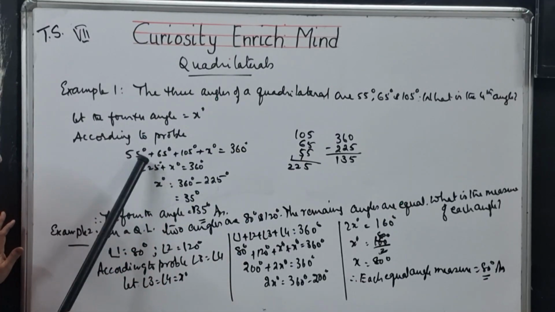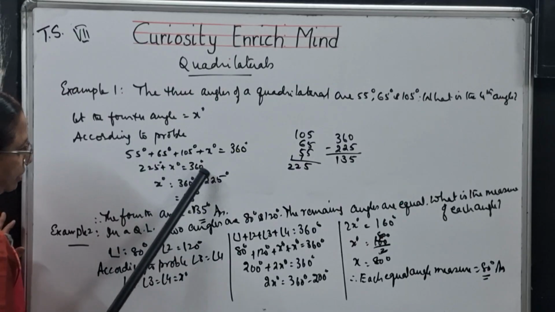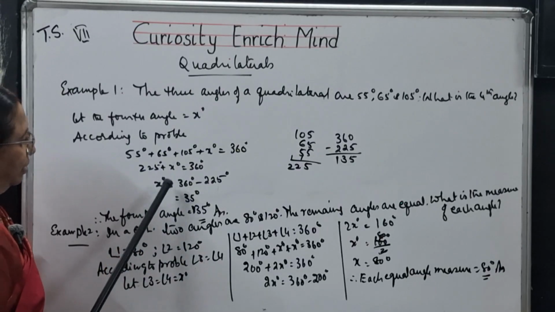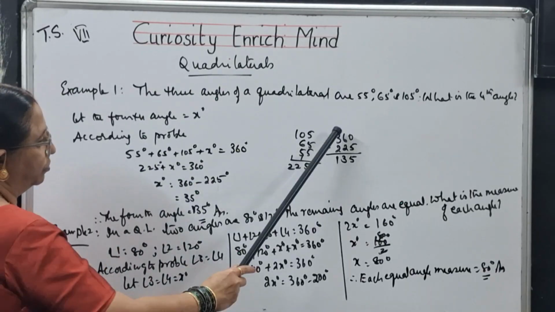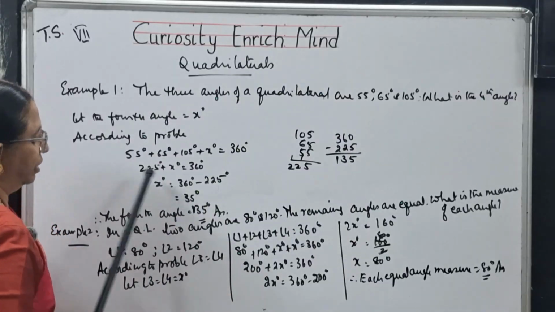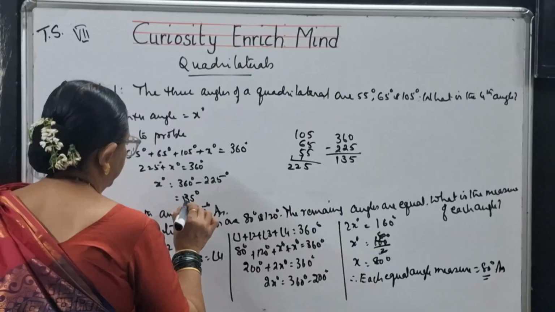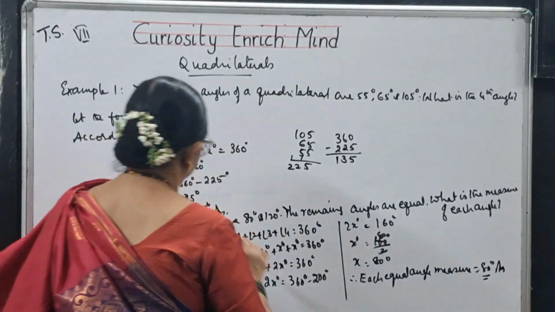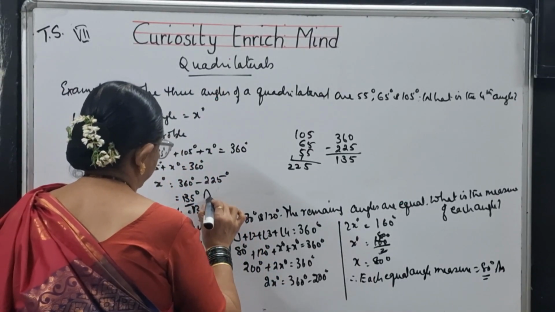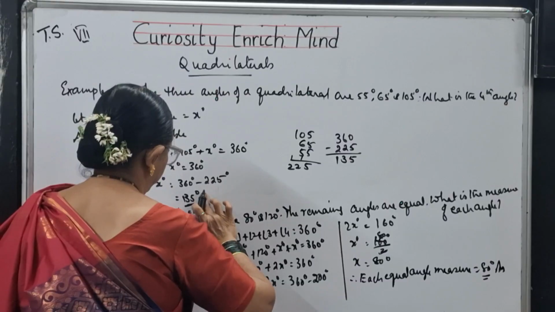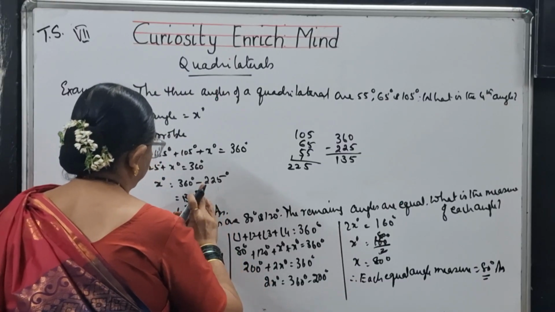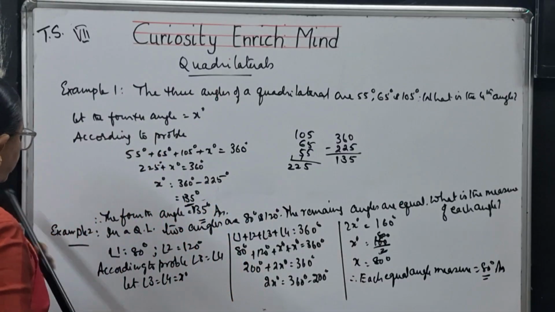If you add all this, it is 225, so 225 plus x degrees is 360. x is 360 minus 225, 135 degrees, children. 135 degrees is the answer. Already above I have written 135 degrees is the answer for this problem, children.